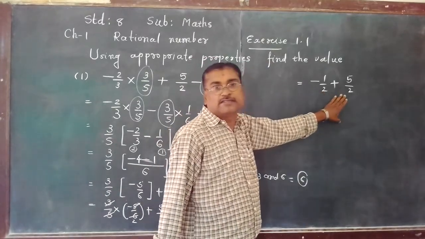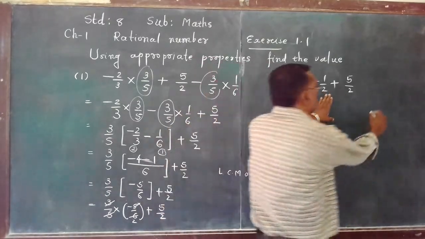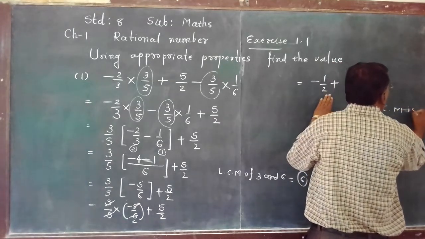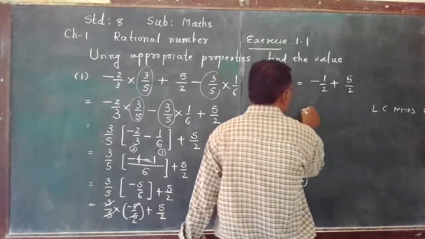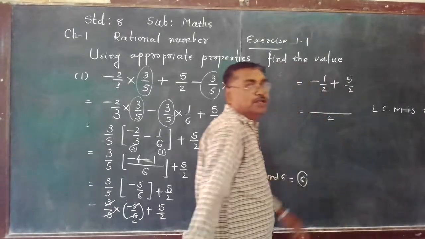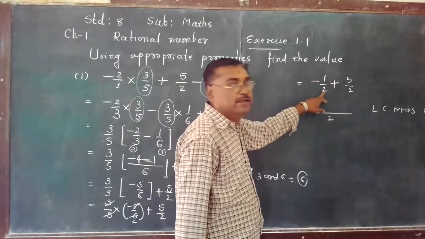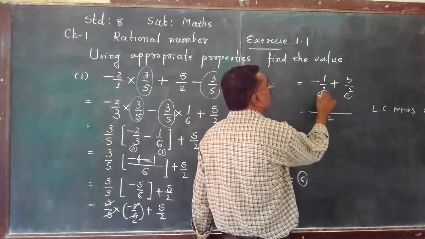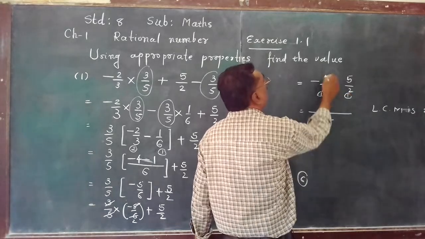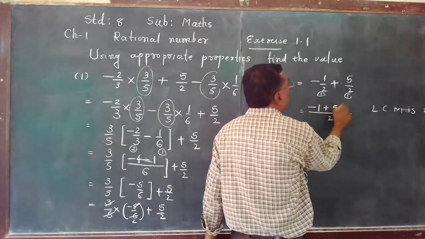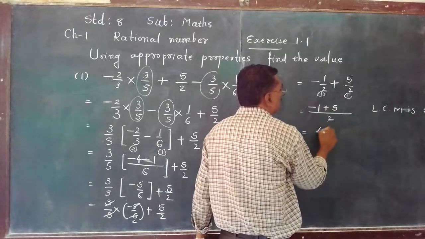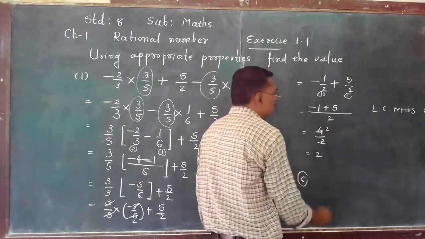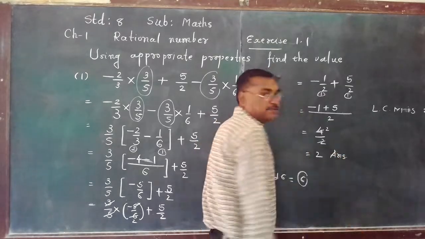Both the denominators are the same, so LCM is 2. Need not multiply with any numbers. If you consider 1 1, it doesn't make any difference. 2 ones are 2, 2 ones are 2. So minus 1 plus 5, 5 minus 1, 4 upon 2. Now we can cut it. So 2 is the answer.